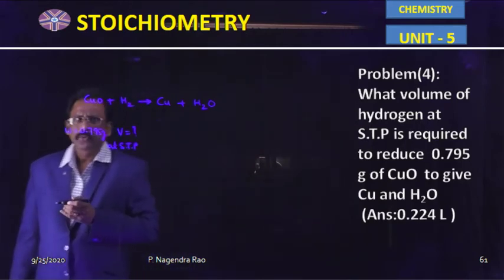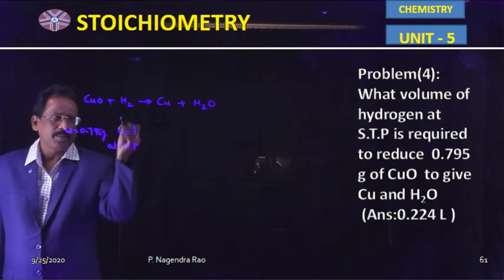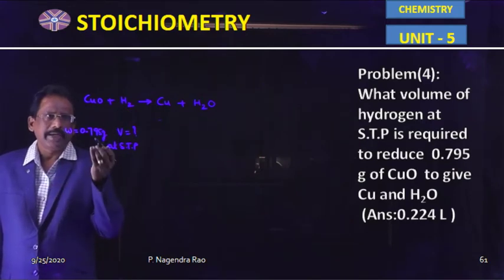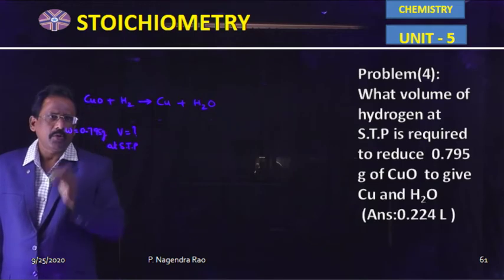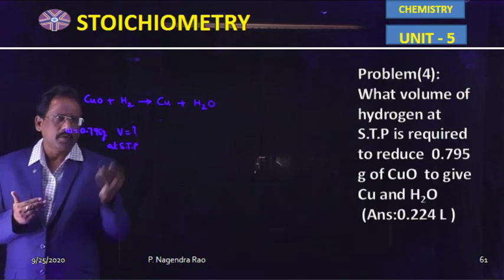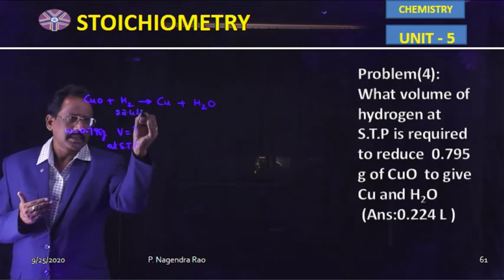According to the chemical reaction, 1 mole of hydrogen is required to reduce 1 mole of cupric oxide. 1 mole hydrogen gas at STP occupies 22.4 liters.